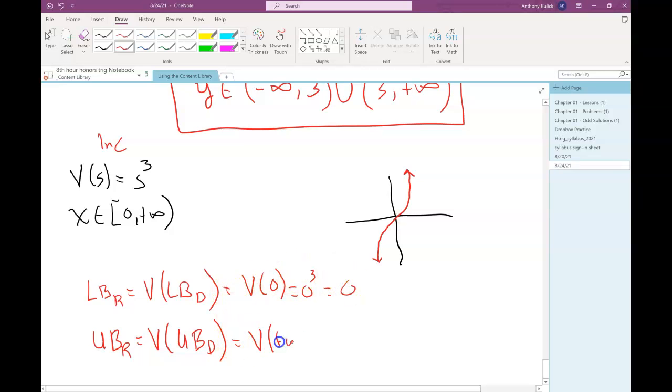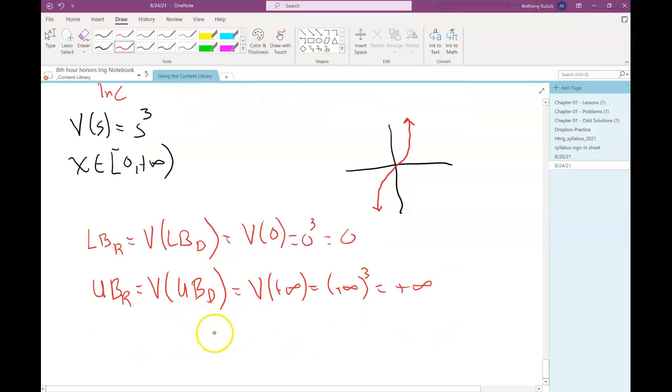And this will be v of positive infinity, and positive infinity cubed is still positive infinity. So my range is going to go from 0 to positive infinity. Since the 0 comes from the lower bound, which was a bracket, the 0 gets a bracket.